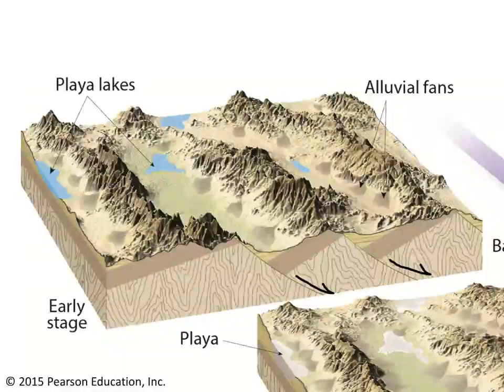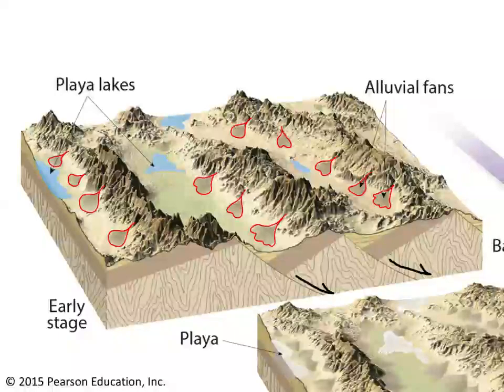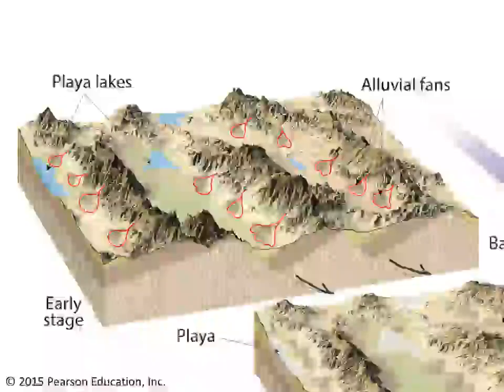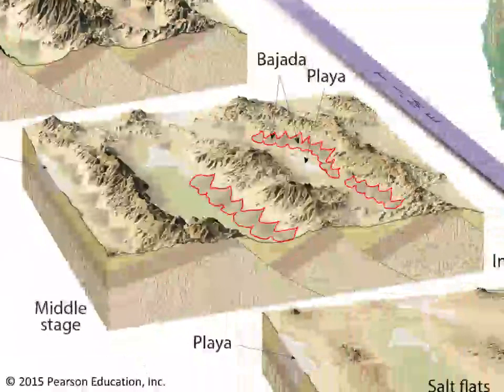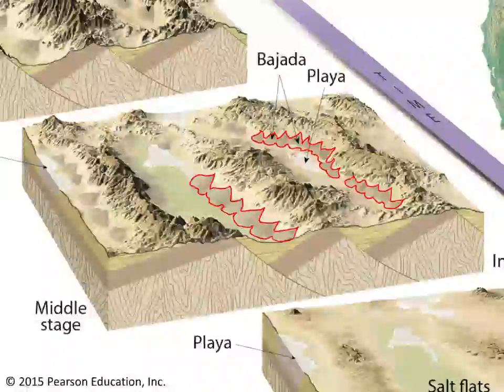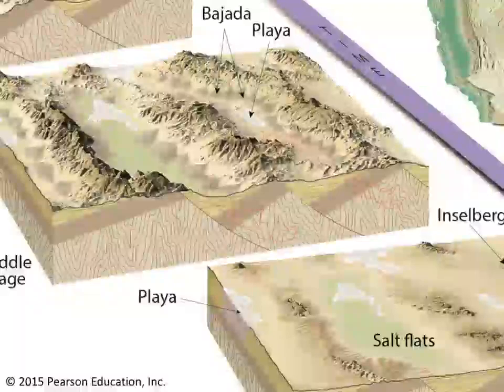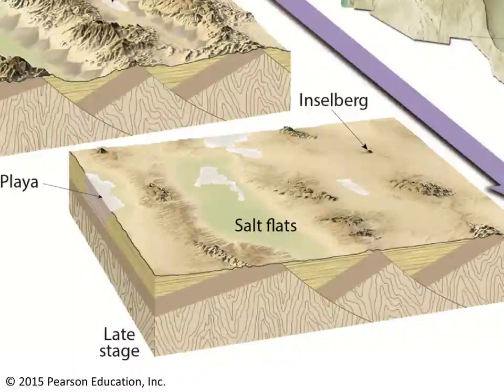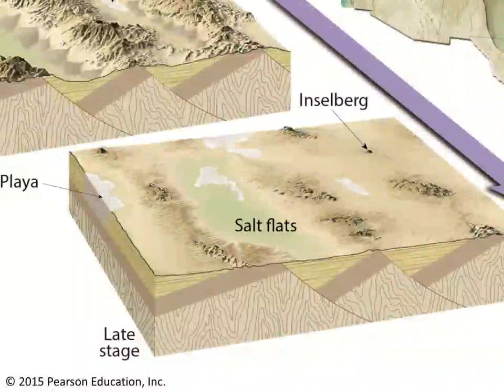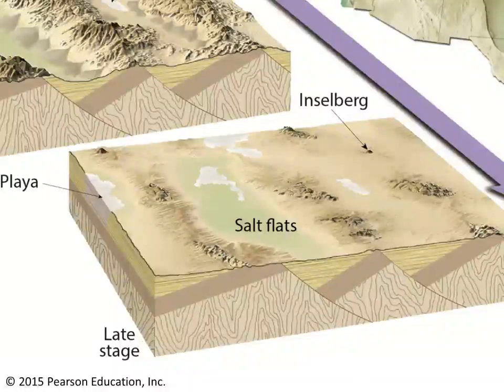And you can see that there is some erosion tearing down the mountains and making sediment, carrying it downhill and dumping it in the bottom of the valleys. It first builds up in these piles called alluvial fans, and then over time those alluvial fans can coalesce and make a continuous apron of sediment known as a bajada. If the process plays out for a long enough period of time, there's very little of the mountains left, just little isolated nubbins that poke up above the sea of sediment that's all around them, and those are known as inselbergs.